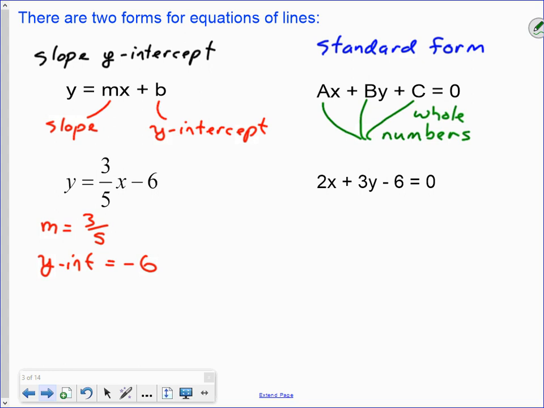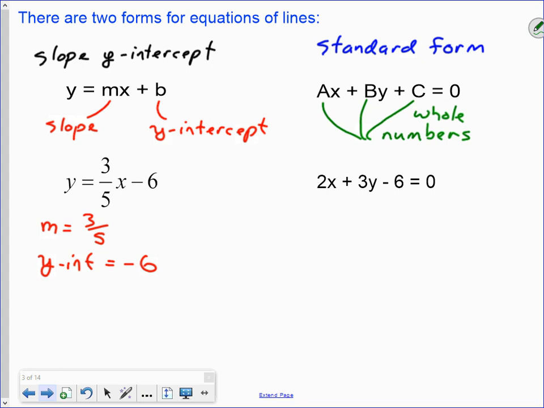Okay, and I guess they call this standard form because it's like standardized. Everything is over on the left-hand side of the equation. Okay, now standard form doesn't give you as much useful information as slope y-intercept form does. When we look at slope y-intercept form, we can see the slope, we can see the y-intercept.